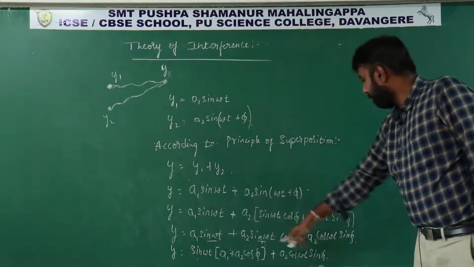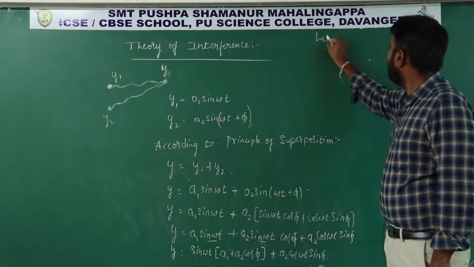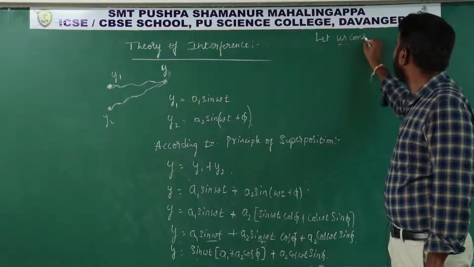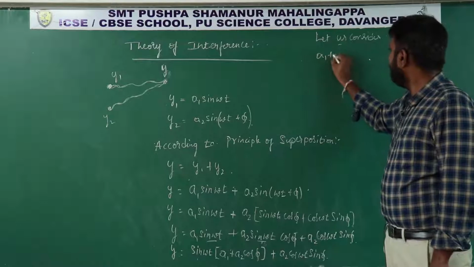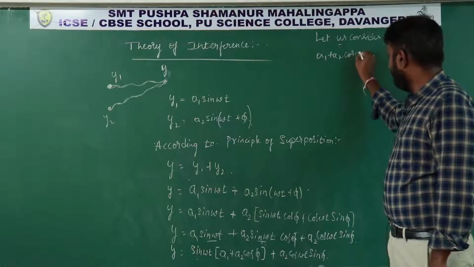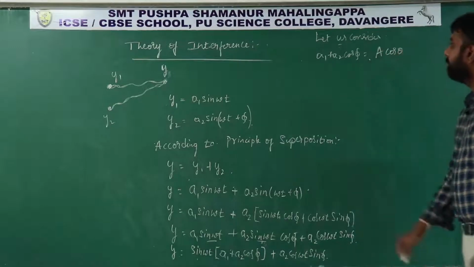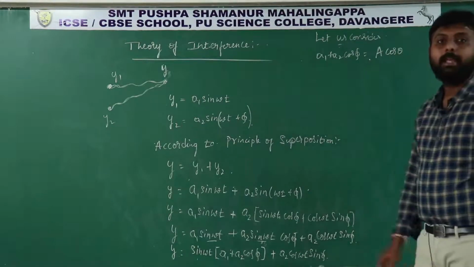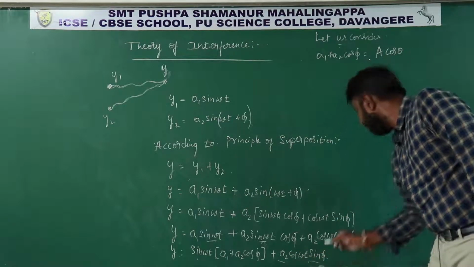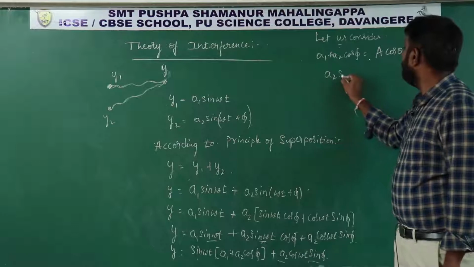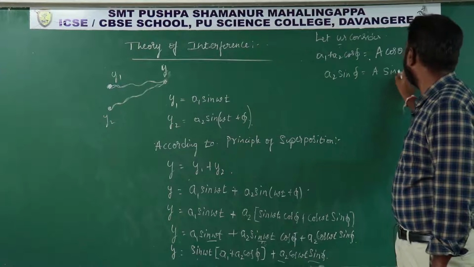So up to here. After writing, what you have to consider is, let us consider this a1 plus a2 cos phi as A cos theta, and this a2 sin phi as A sin theta.